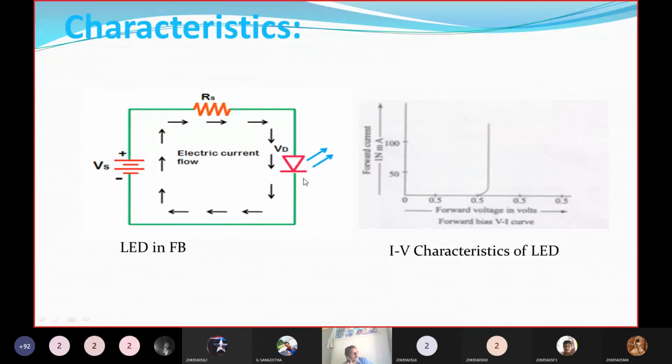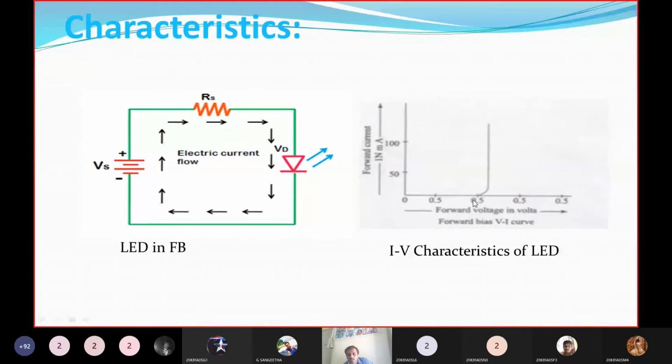So it needs some energy, some voltage, to overcome that depletion region. That's why up to a particular voltage there is no flow of current and the LED does not glow. After that particular voltage only, it will glow.